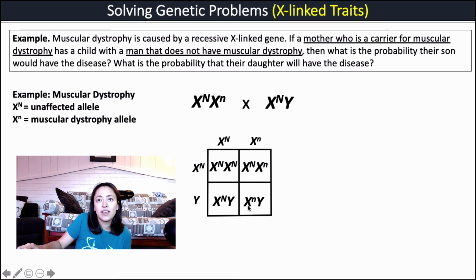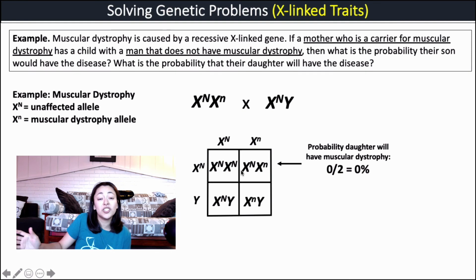So in this case, it's the bottom two squares. So what is the probability that their daughter would have muscular dystrophy? Well, if they had a daughter, the probability that she would have muscular dystrophy would be 0 out of 2. Because in order for their daughter to have muscular dystrophy, she would have to have 2 little n's. And there's no possibility in this case.